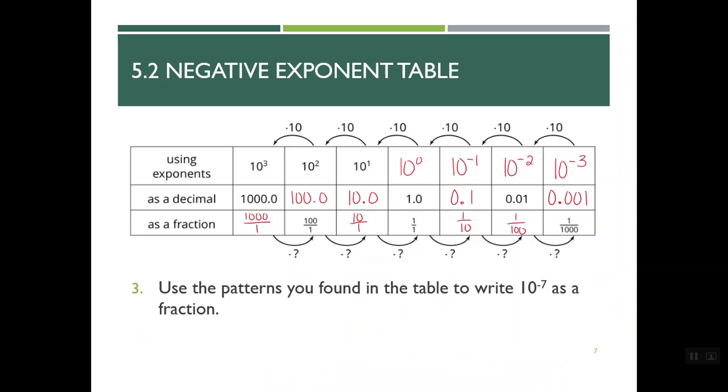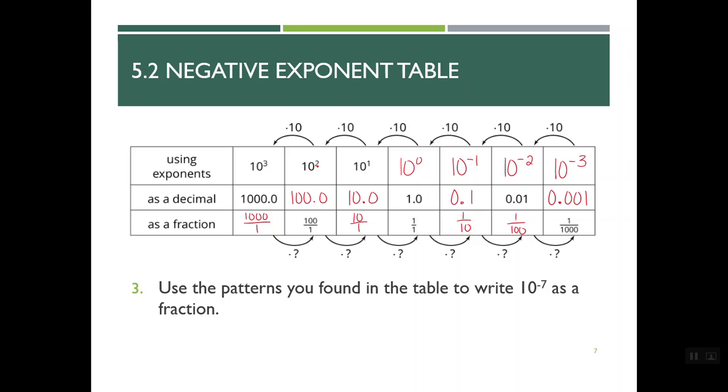Okay, 2 more questions we want to answer. We want to use the patterns that we found in the table and now write 10 to the negative 7th as a fraction. So make sure you get this example in your notes as well. But if we look here, this 10 to the negative 1st, so that put 10 on the bottom. Just like 10 to the 1st is 10, 10 to the negative 1st is 1 over 10.